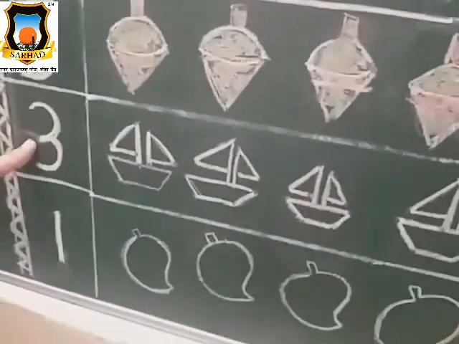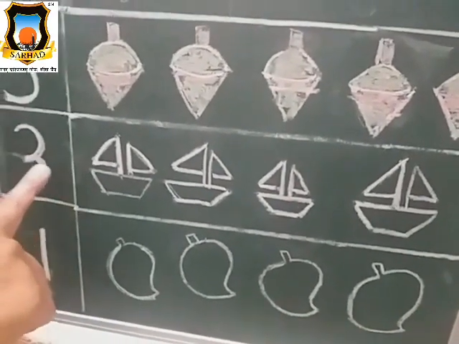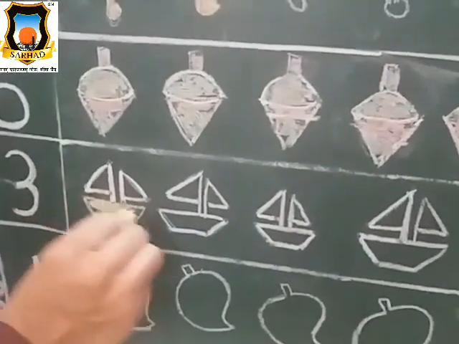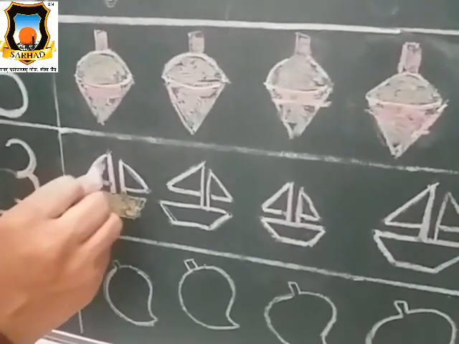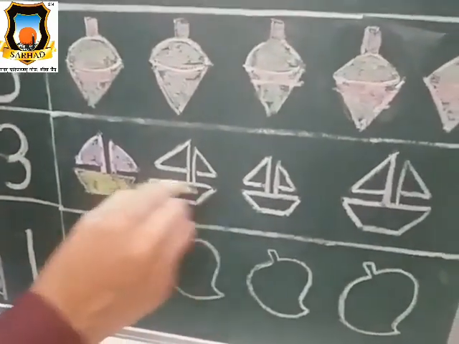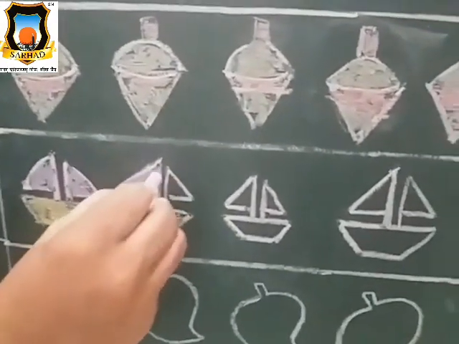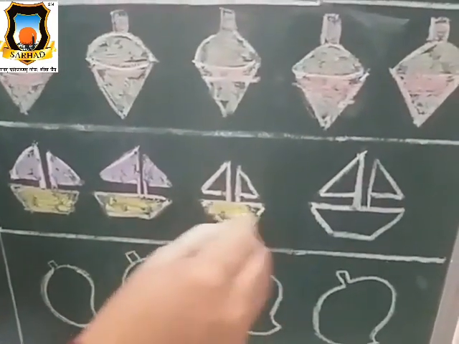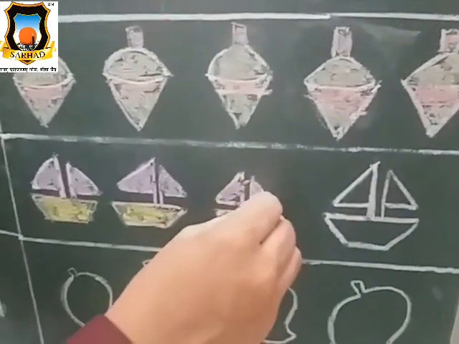Okay. Now which number is this? This is 3 number. So I am going to color the 3 shapes. 1, 2, and 3.